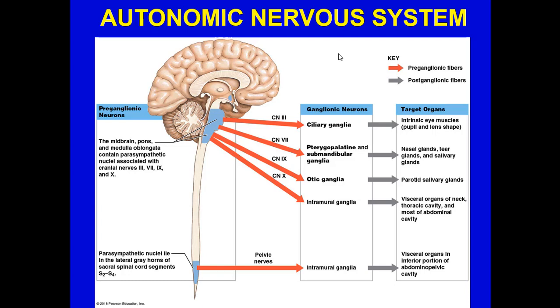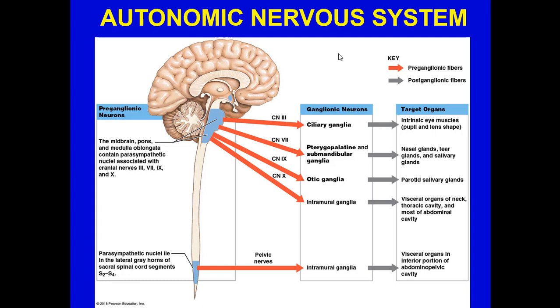Cranial nerve number 7 will meet up with the pterygopalatine and the submandibular ganglia. That's where the preganglionics meet the postganglionics. The postganglionics will send out their axons and connect with nasal glands, tear glands, and salivary glands.